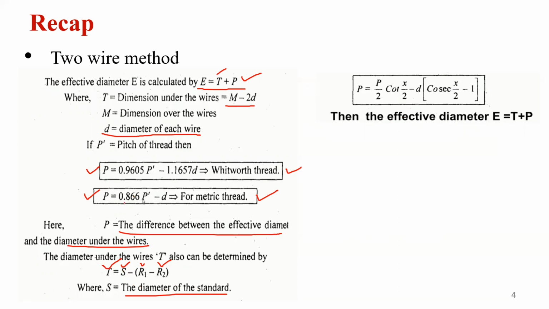And then we derived the expression for the correction factor P as half of the pitch multiplied by the cot x by 2, minus the diameter of the best wire multiplied by the cosecant x by 2 minus 1. By adding this P value to the T value, that is the dimension under the wires, we get the effective diameter of the screw thread.